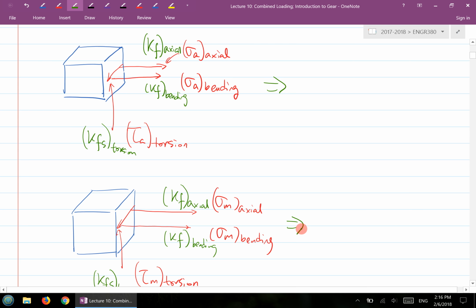Recycle means I can't directly replace the original sigma A, sigma M. But what I can do maybe is, here is a stress element. I can somehow come up with a sigma A prime using a von Mises stress formula. So from the state of stress here, calculate a prime component, using the von Mises stress formula.